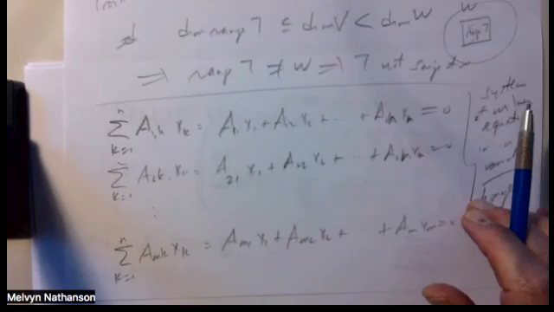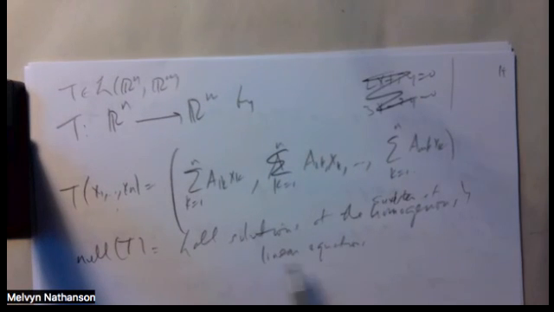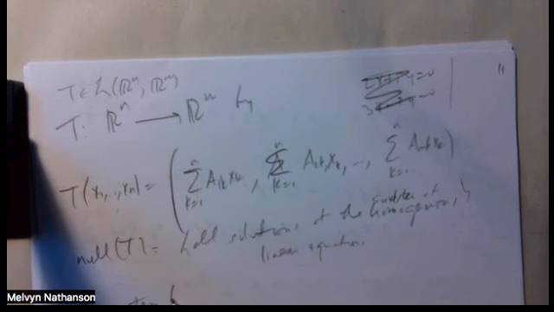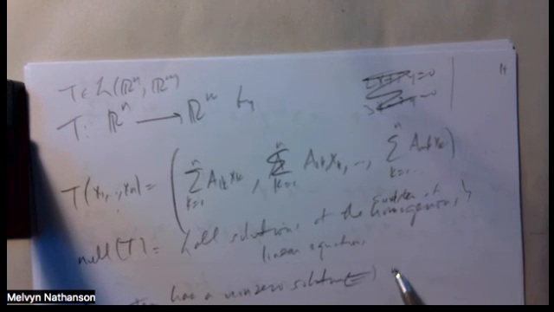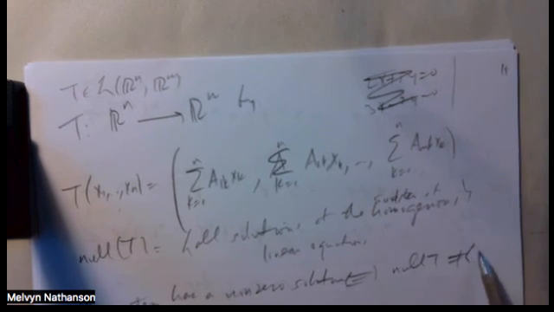A solution of that corresponds to a vector in Rn which is in the null space of T. And the system has a non-zero solution if and only if the null space of T is not just 0.